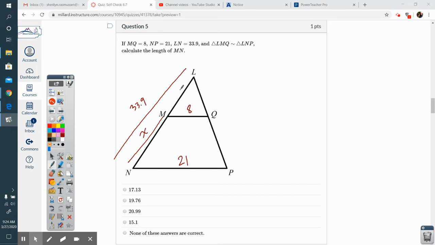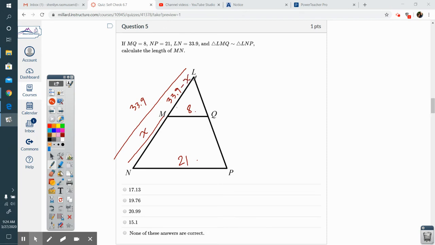So this part we're going to have to label a little bit differently because we do not know what this section is over here. We have to go small to big and then small to big. But the way you figure this out, this small part right here, since we want to know what x is, the total 33.9 minus x.